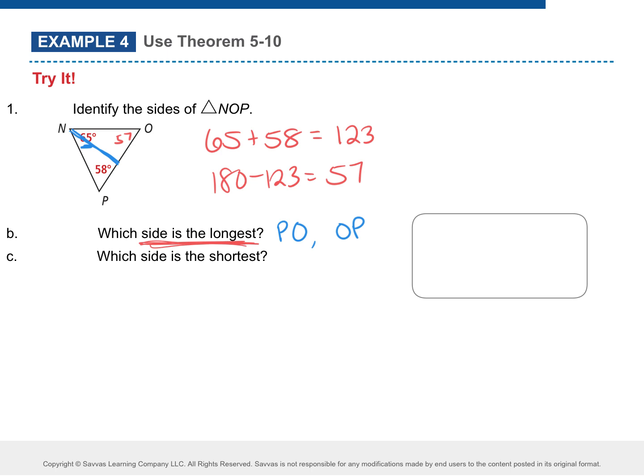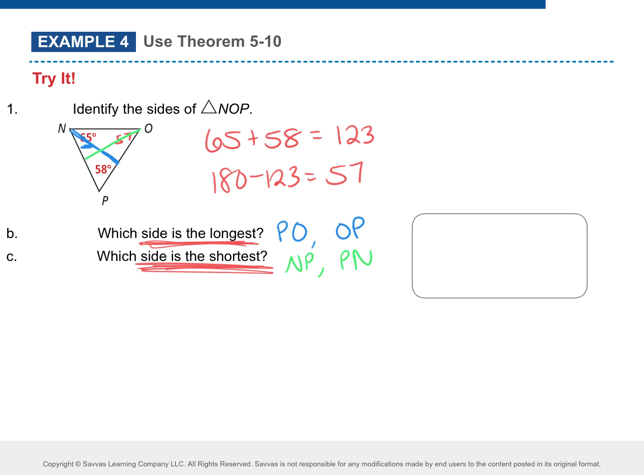Okay. What side is our shortest? What do I look for? The smallest angle. So what's opposite of the smallest angle? NP or PN. Good. So those relationships are just opposites of each other.